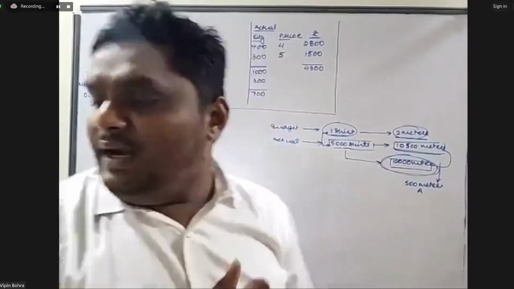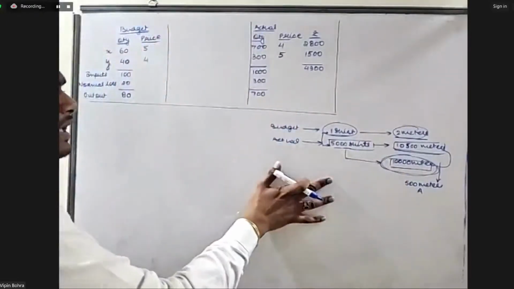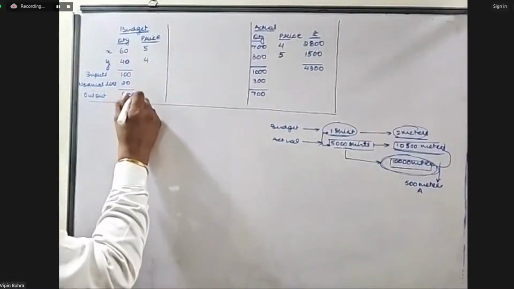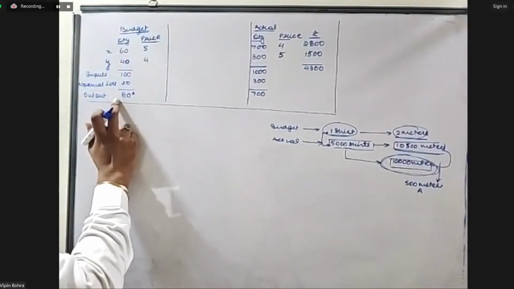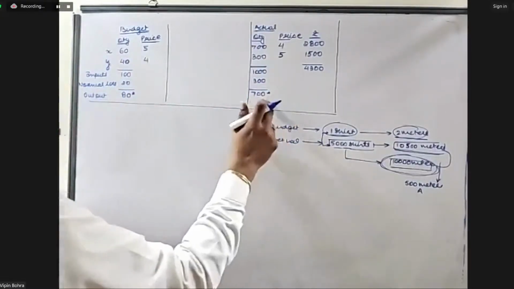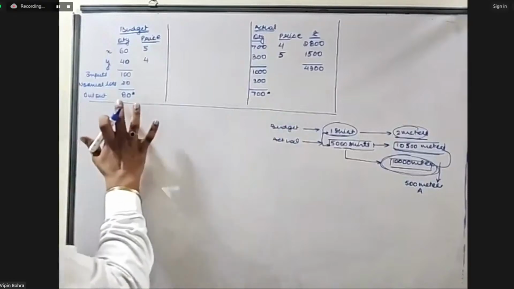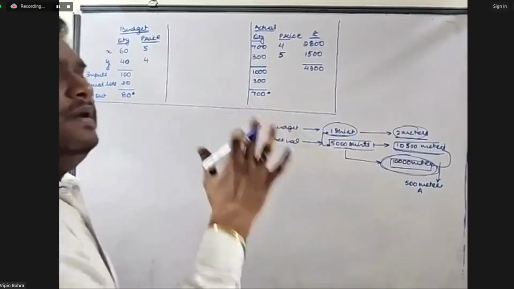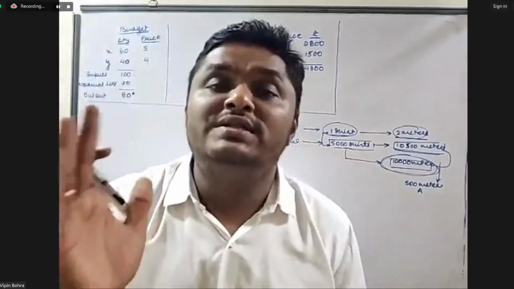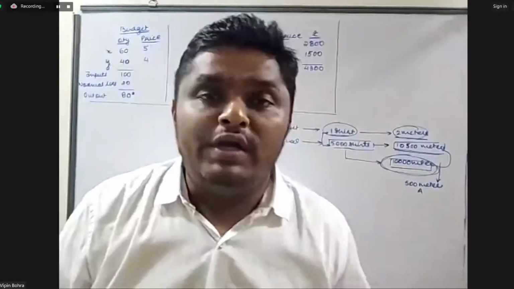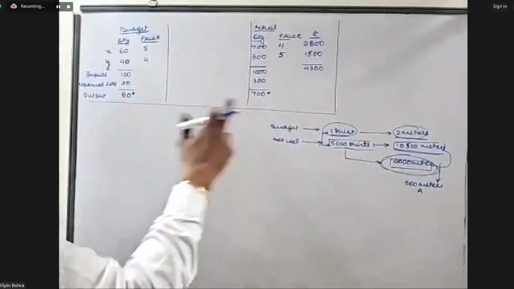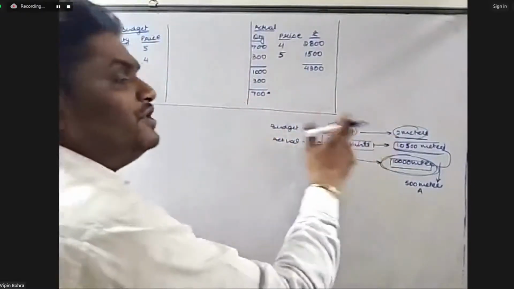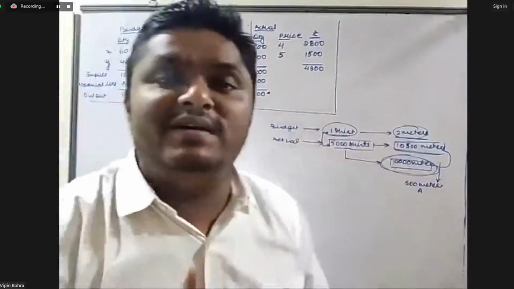Now similarly, here also, my budgeted output is how much? 80 units. And my actual output is how much? 700 units. So are these two figures comparable? The answer is no, because their output is not the same. This question may seem easy because the figures are simple.